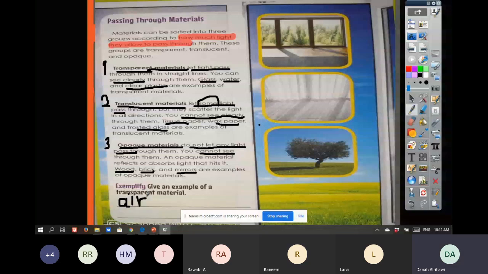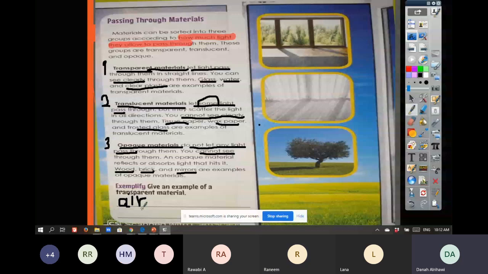You use the air as a medium that lets light pass through easily. You can see everything through it clearly.